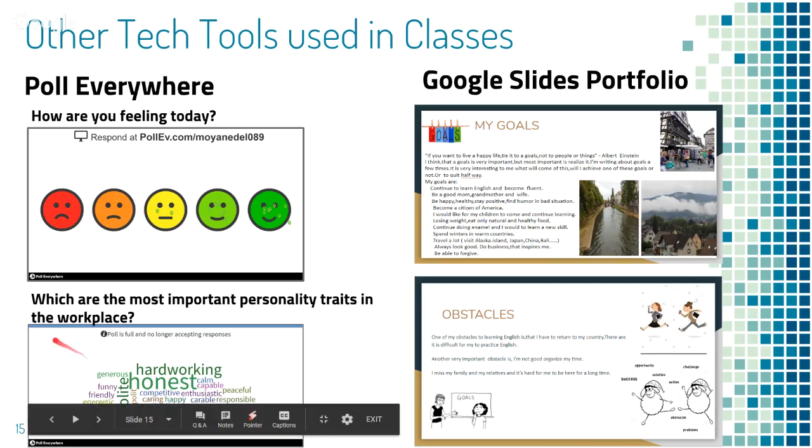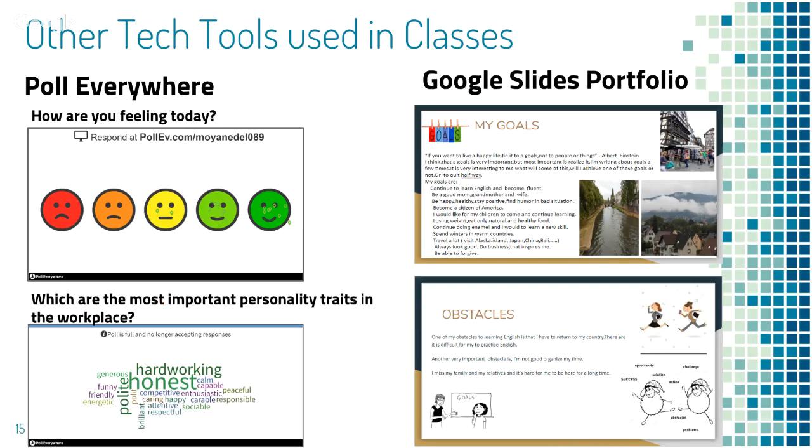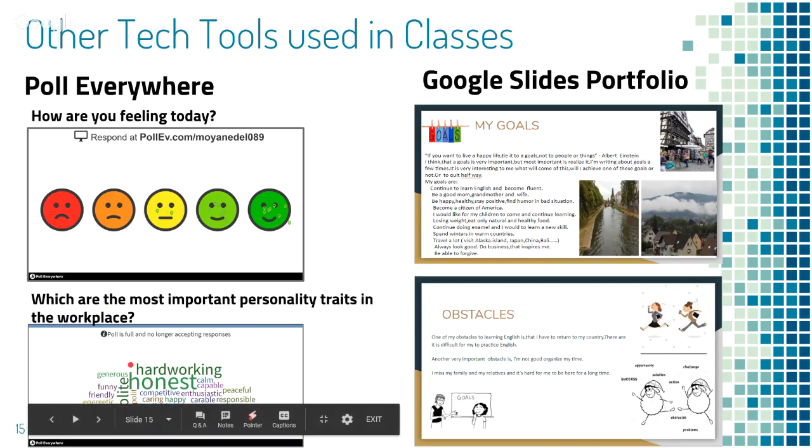And the second one here on the corner is also an activity from Poll Everywhere. This is the word cloud. We were talking about personality traits in the workplace, and I asked them, what are the most important personality traits in the workplace? And what was great, as you see, and this is how the word cloud works, is that it gives you the most important words.